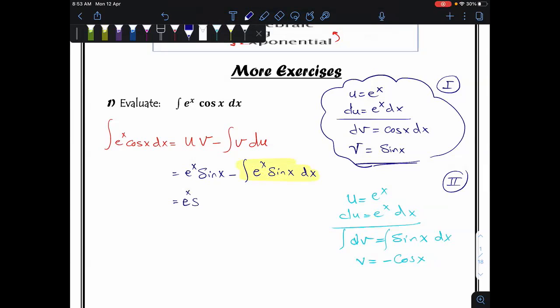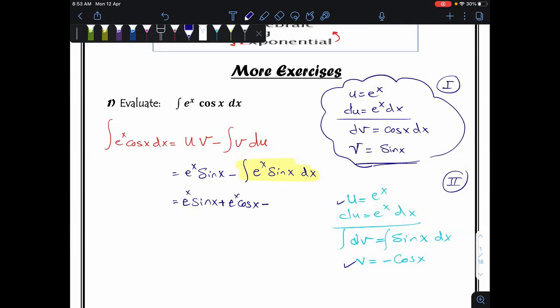e to the power of x sine x minus, it should be uv minus the integral of v du. So the uv, u here and v here, is e to the power of x times negative cosine x. So it's negative e to the power of x cosine x, and then minus a negative is positive, the integral of v du.